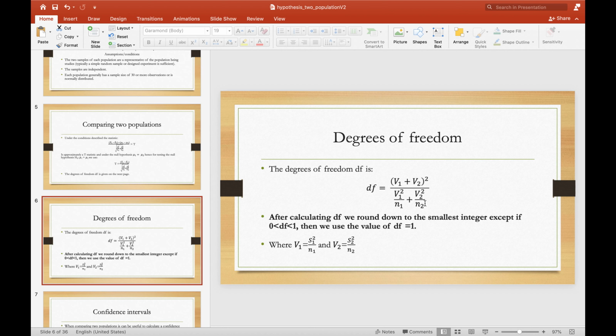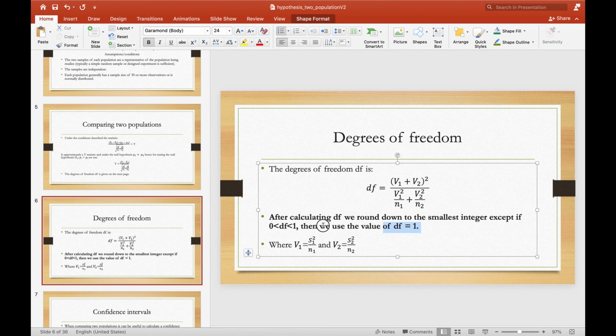But if we get a value here of like 0.51, we're not going to round down to degrees of freedom of 0, because the smallest number of degrees of freedom you can have is 1. So if you get 0.51 or 0.29, in that case, you're just going to use 1 as your degrees of freedom. That's all you can do.